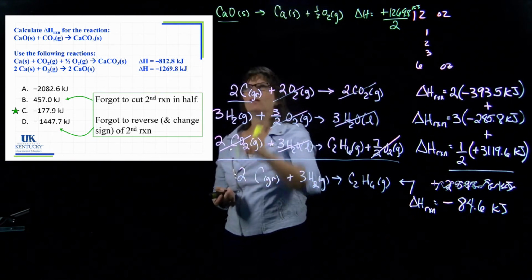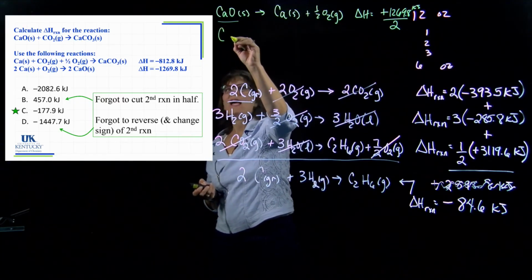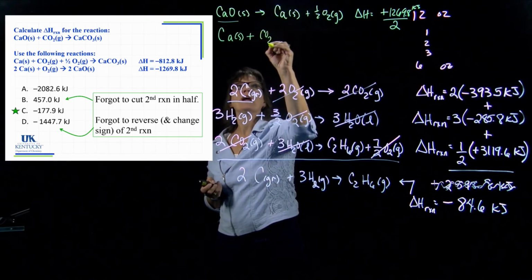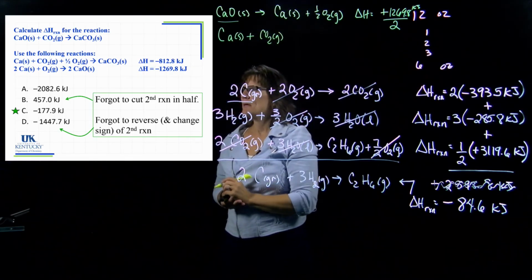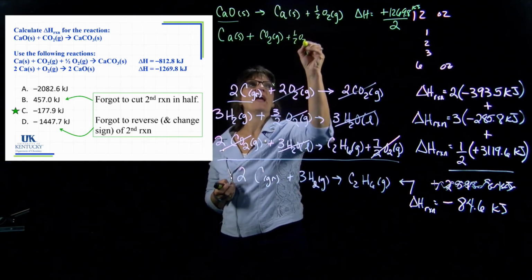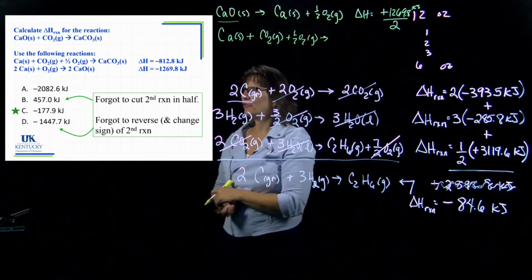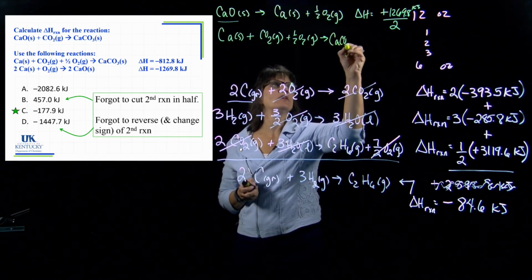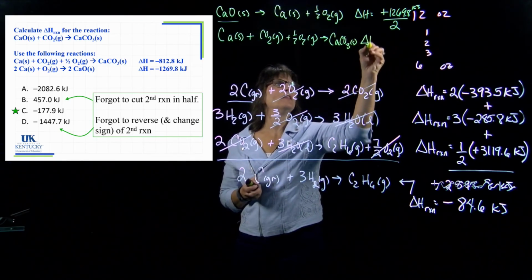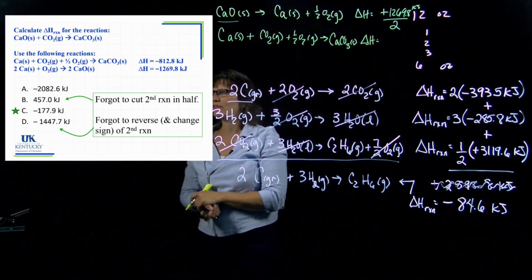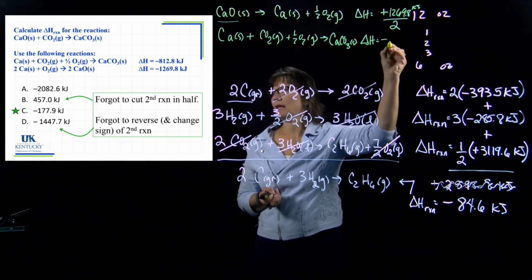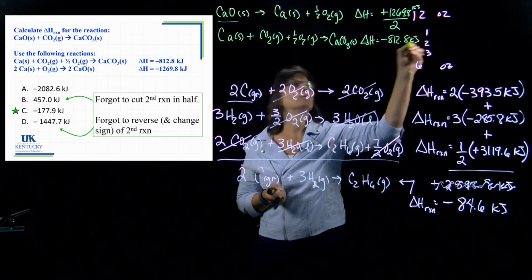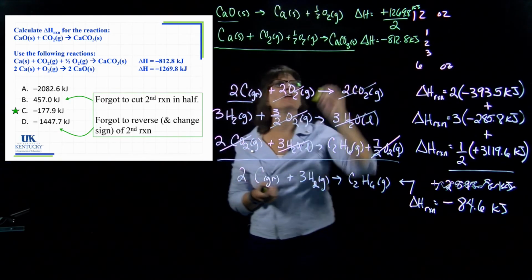The correct amount is sitting there, so that gives me the Ca solid plus the carbon dioxide gas, okay, plus 1/2 of an oxygen gas, and the product for this reaction is going to be calcium carbonate, CaCO3 solid, and the delta H will be the delta H exactly as I see it because I used the equation exactly as it was played out there, 812.8 kilojoules.